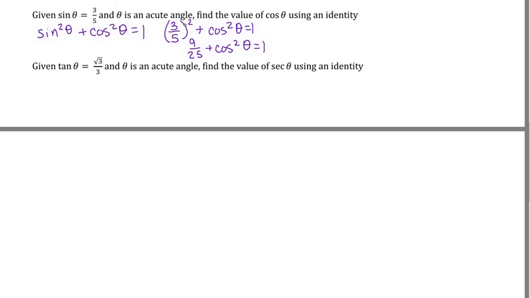And now going through this, I'm not going to show all of the math. Something you should know how to do by now. Subtracting that 9/25 from both sides, we get cosine squared theta equals 16/25.